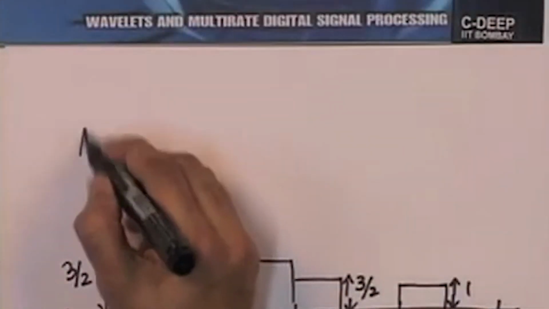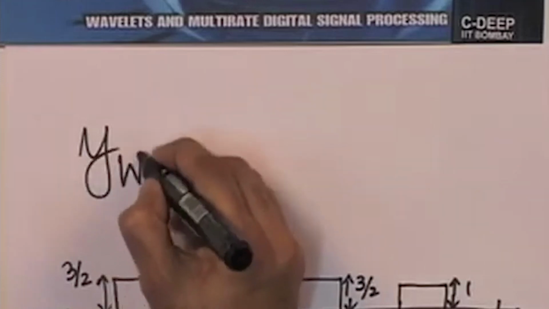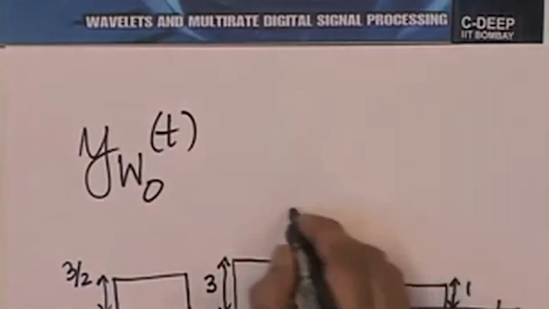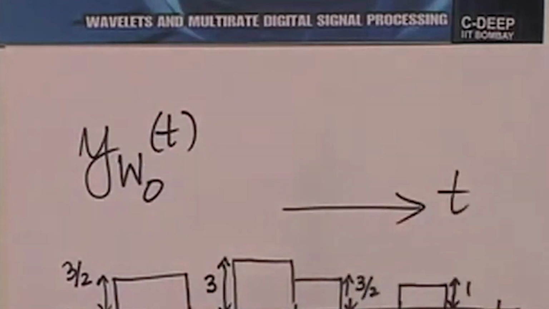So, this is the projection of y on the space W0 as a function of t. Simple.